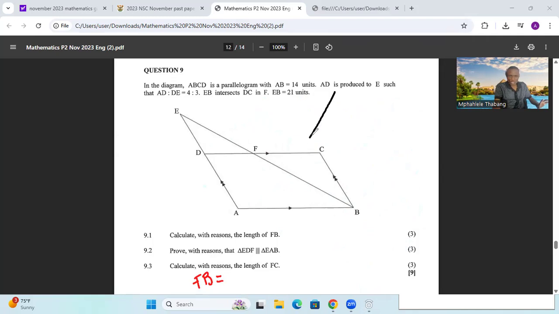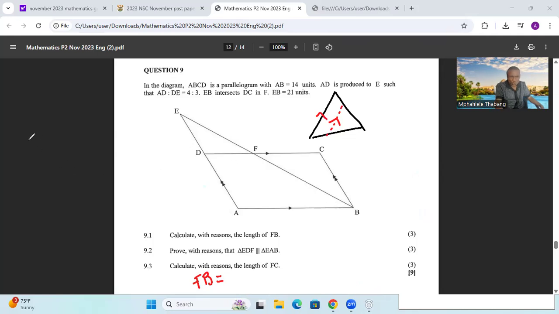If you have a triangle and then you have a line parallel to one side of the triangle, like this, you have to use the proportionality theorem. Every time you have a line drawn parallel to one side of a triangle, you can think of using the proportionality theorem.